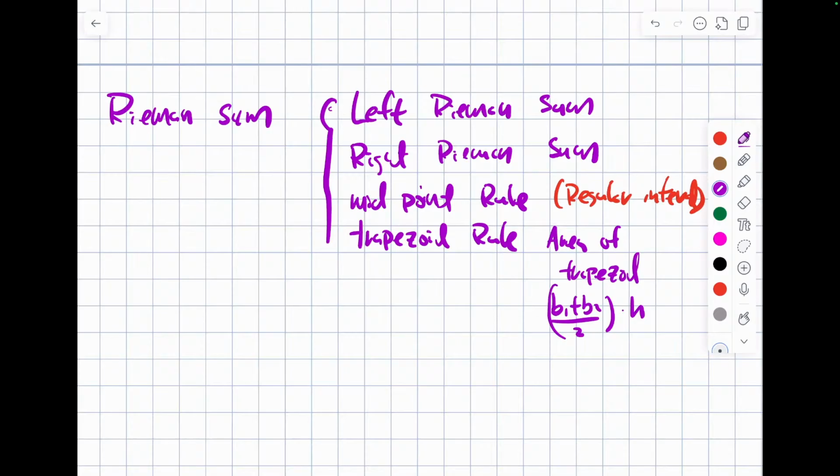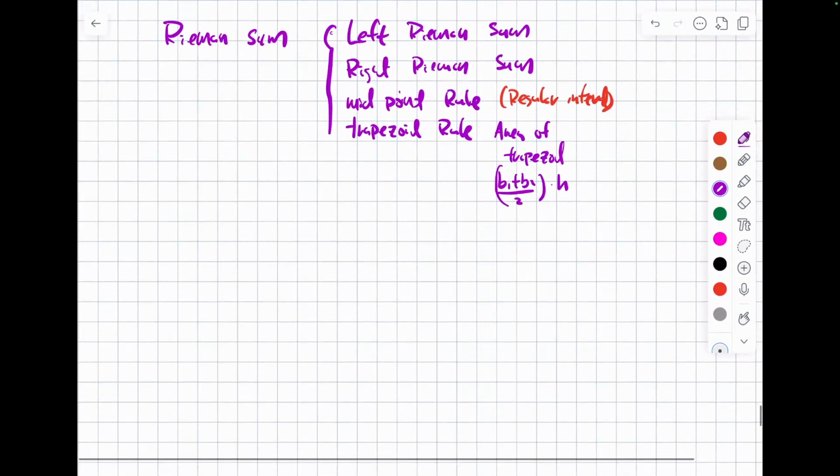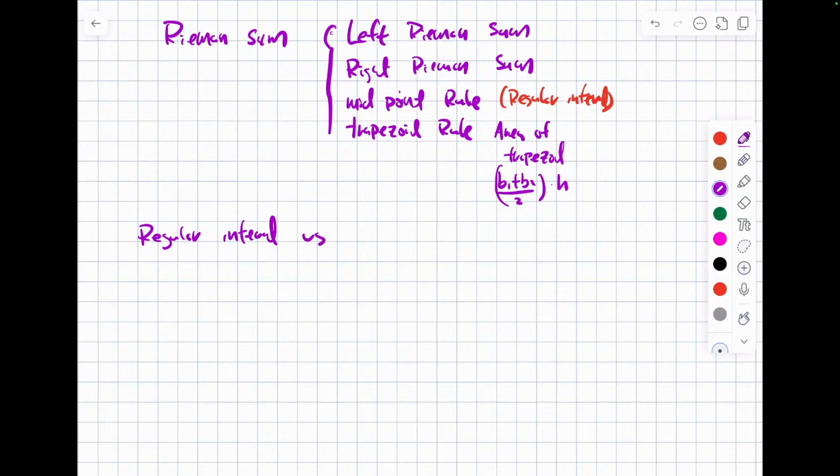Okay, so you have a regular interval versus an irregular interval. This one you can have a midpoint. This one you cannot have a midpoint.